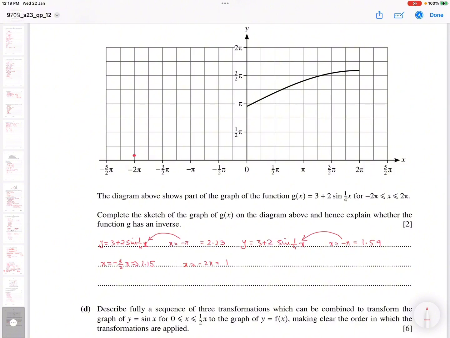And over negative 3 pi by 2. This is negative 3 pi by 2.